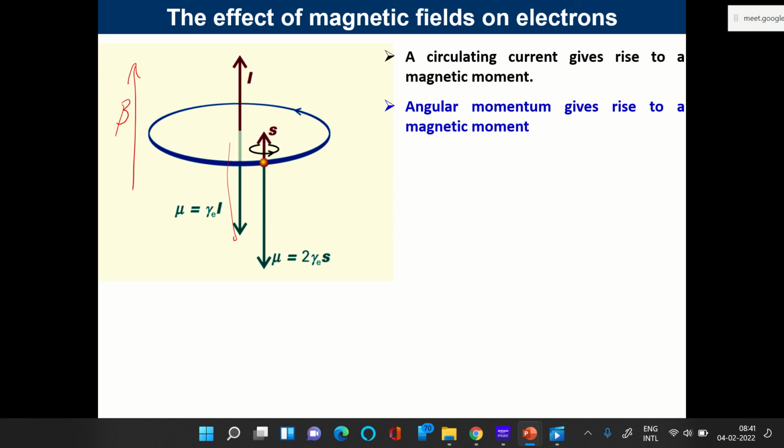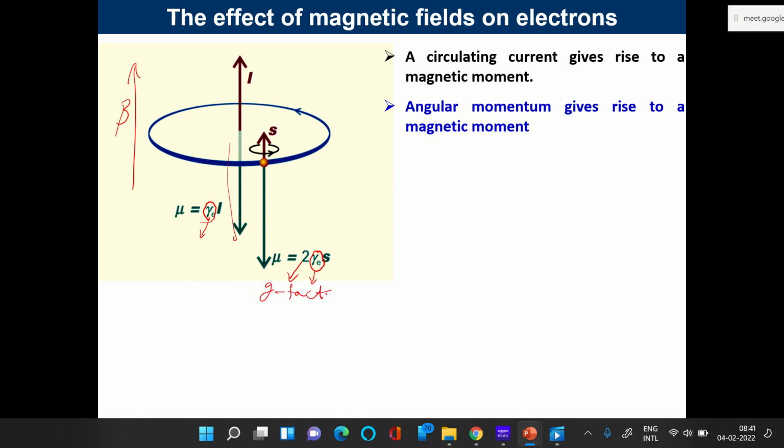The proportionality constant here is the gyromagnetic ratio. There is another proportionality constant for the spin, which is also a gyromagnetic ratio. In addition to that, there is a factor of 2. This is the G factor.